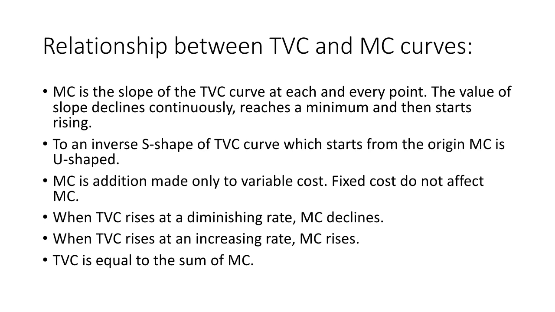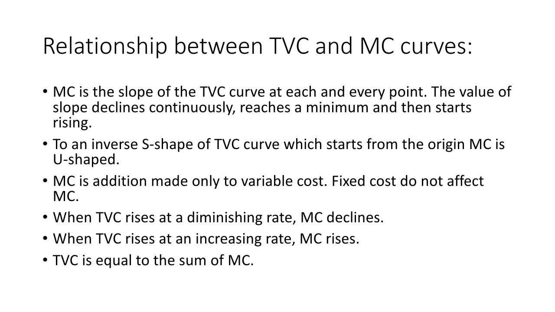Because of the inverse S-shape of the TVC curve, which starts from the origin, MC is a U-shaped one. Then MC is the addition only to the variable cost. Addition can be made only in case of variable factors. Only variable factors can be varied or changed. The fixed factor can never be changed.